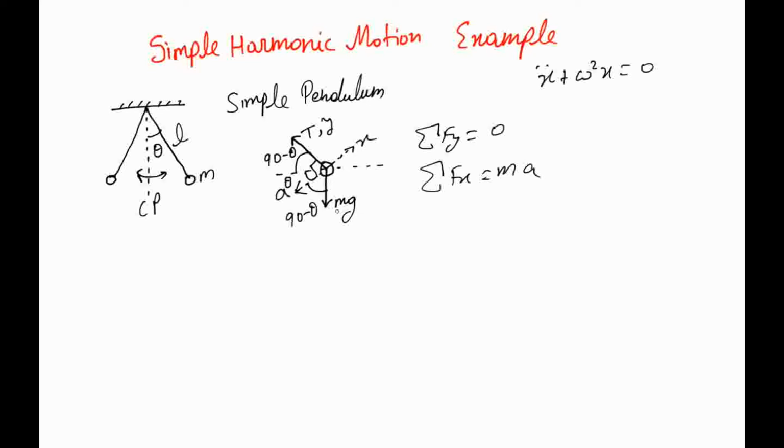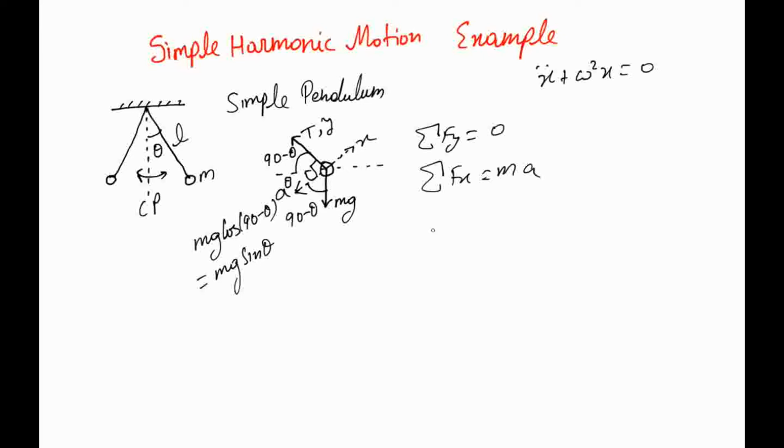Simply using the idea of breaking vectors, all we have to do is write mg cos of 90 minus theta in the x direction, and mg sine of 90 minus theta in the y direction, but we are not really interested in the y direction. So it's this force that is acting in the x direction, which is a component of mg, and this is nothing but mg sine theta.